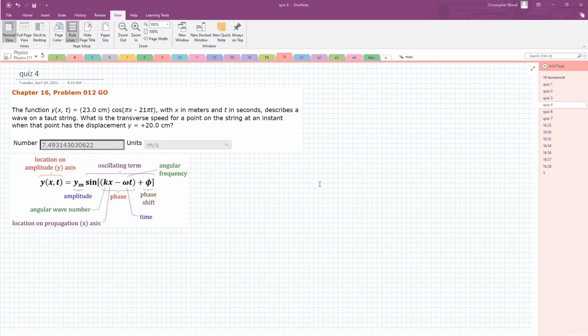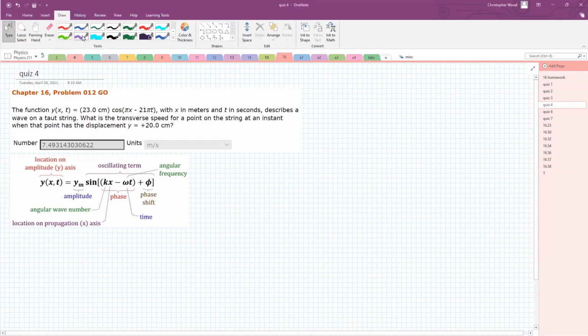Okay. We have yet another wave on a string. Basically, this chapter is chunked up into wave basics, waves on a string, and then it culminates with standing waves and resonance, and standing waves and resonance is the heart of Thursday's lab.